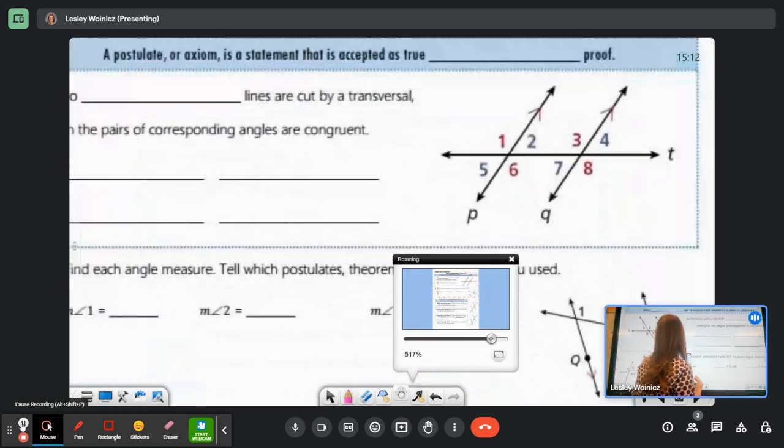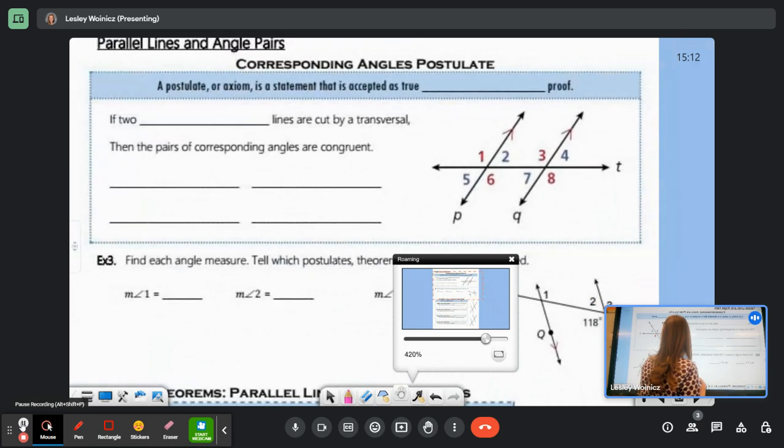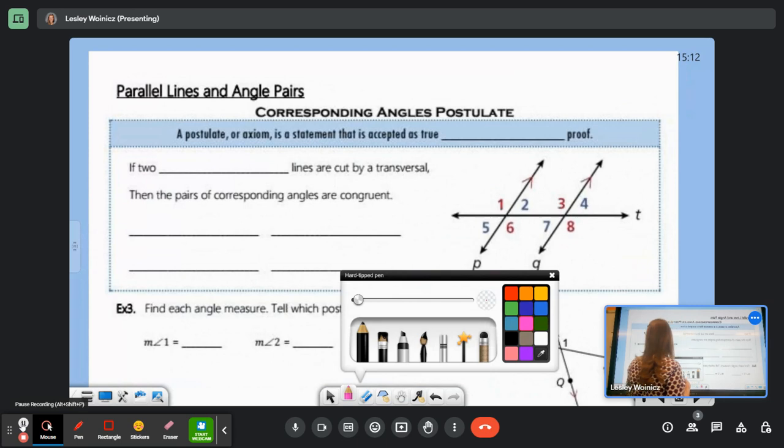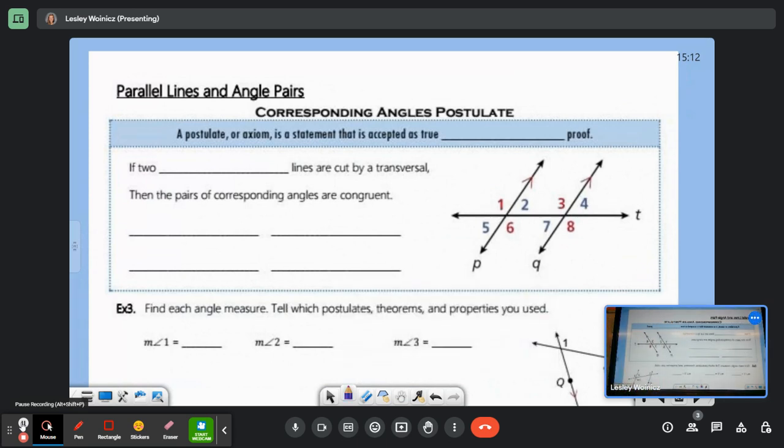Okay, so now we're going to talk about parallel lines and angle pairs. This is the meat and potatoes of what we're doing today, the main event. The rest was just the entree.